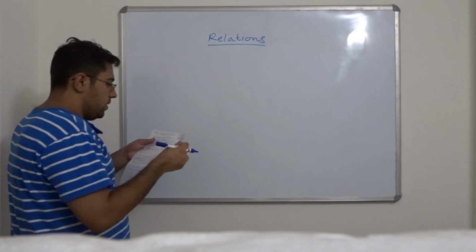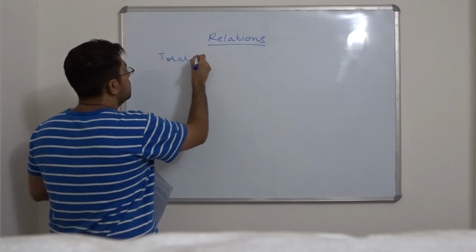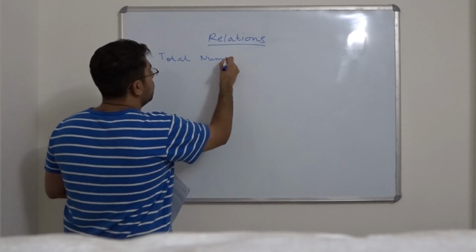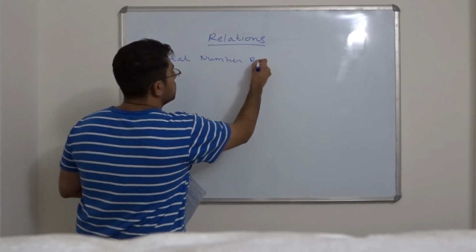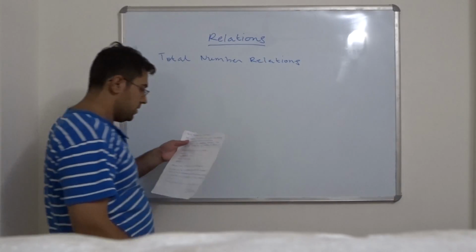So now we're going to talk about the total number of relations. Now this is going to be a little complicated, but we'll figure it out.